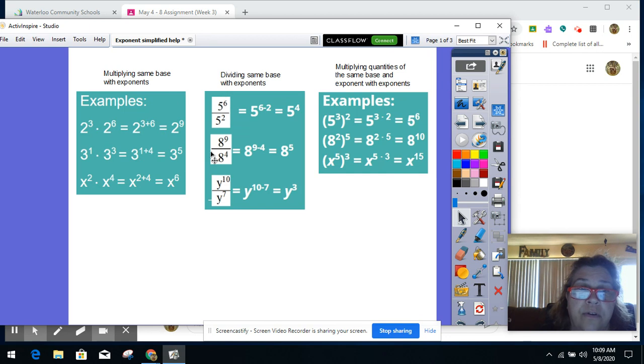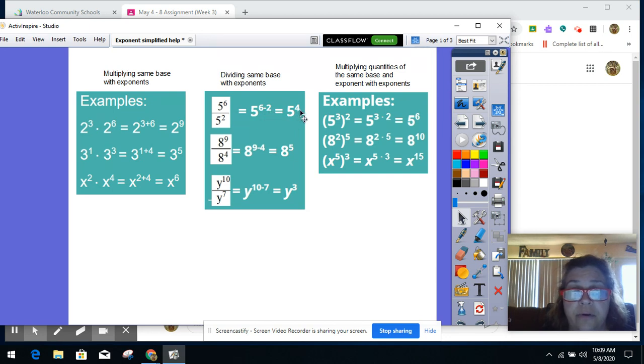If you have on the Google form something that looks like this, it is dividing the same base with exponents. So here we have two 5s, both the same base, and 6 minus 2, because our exponent is 6, our exponent is 2. So 6 minus 2 is 4.